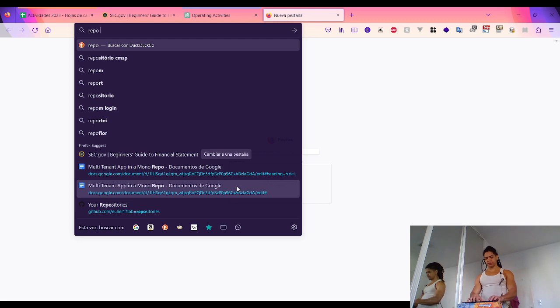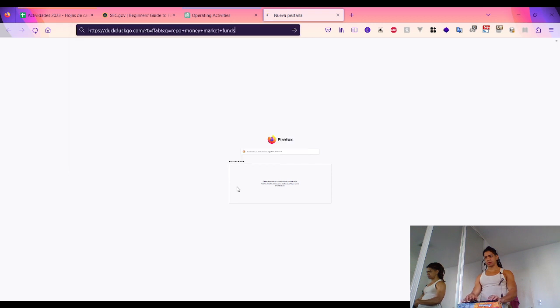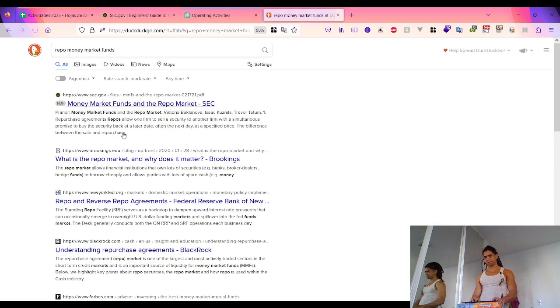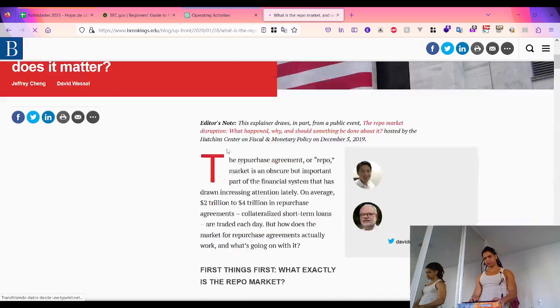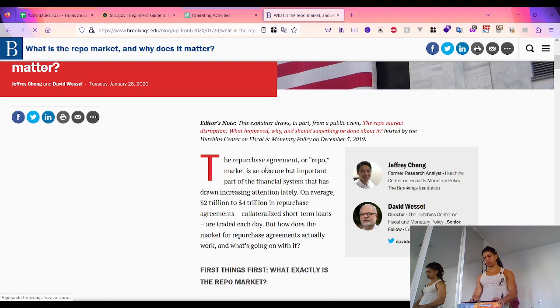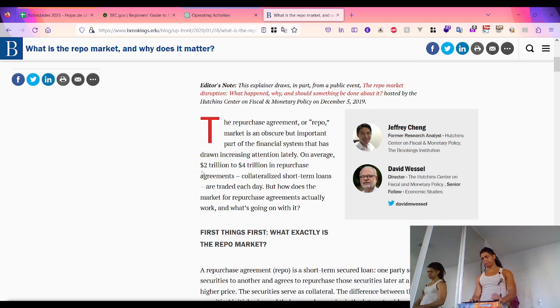Repo in money market funds, and the repo market. What is the repo market? Repurchase agreement.